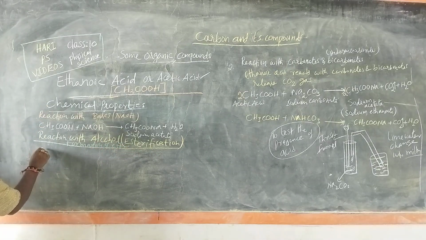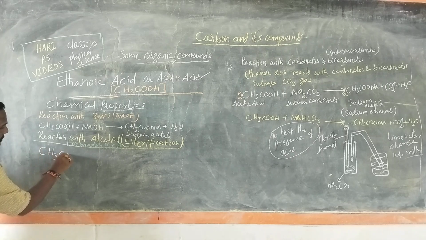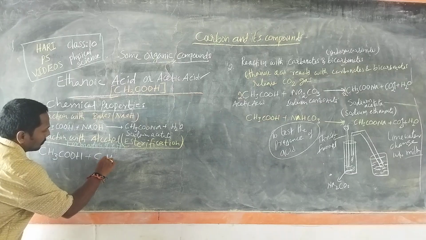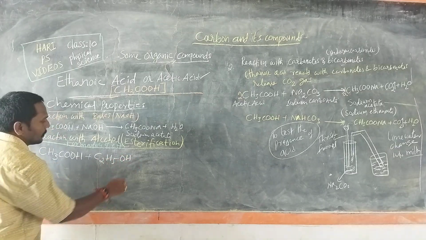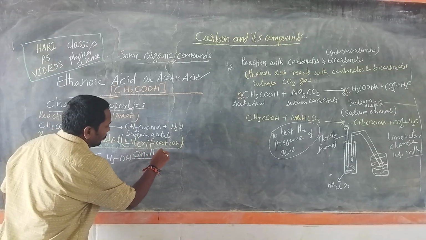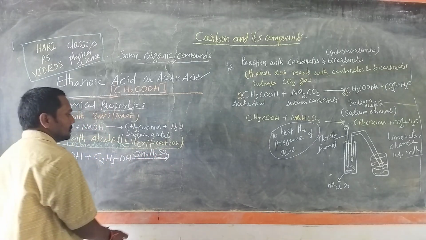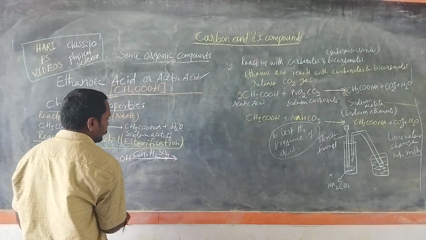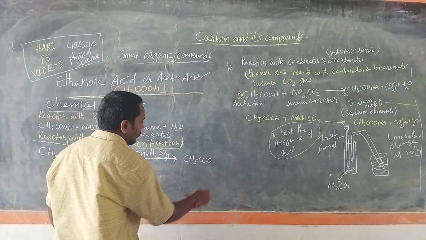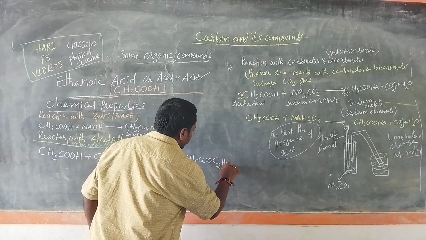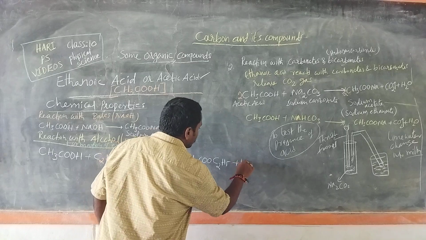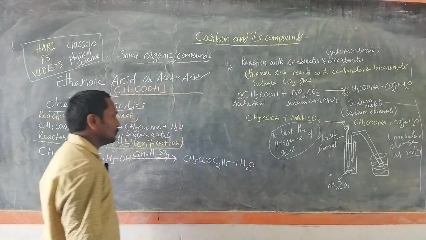So the reaction happens like this: CH3COOH plus C2H5OH in the presence of concentrated sulfuric acid gives CH3COOC2H5 plus water.